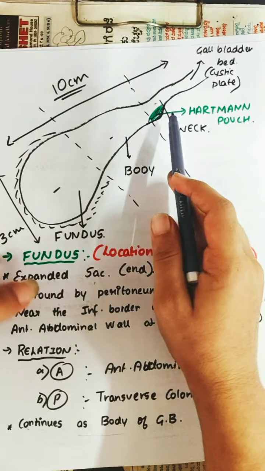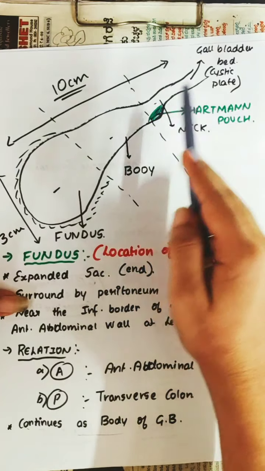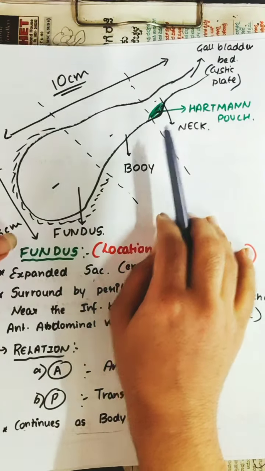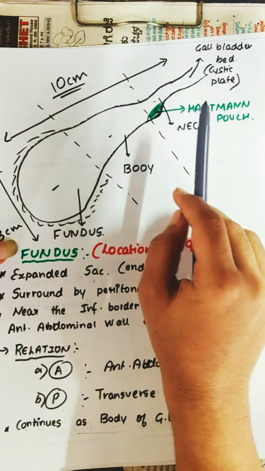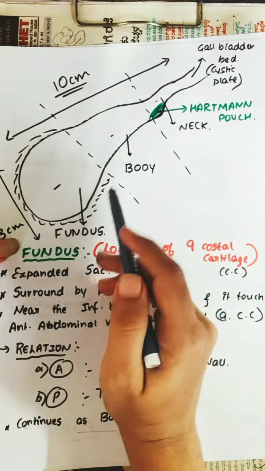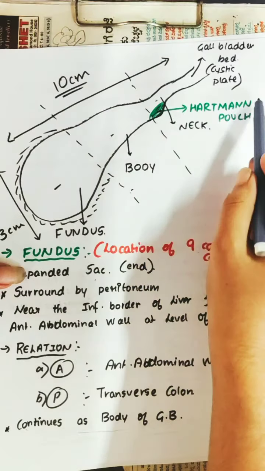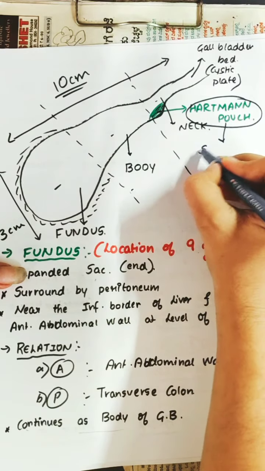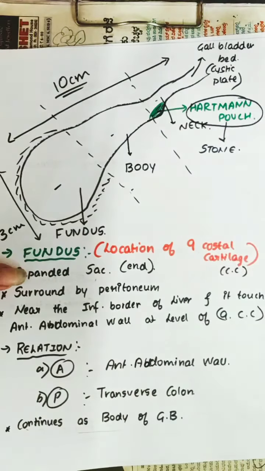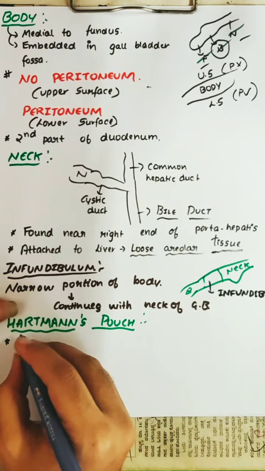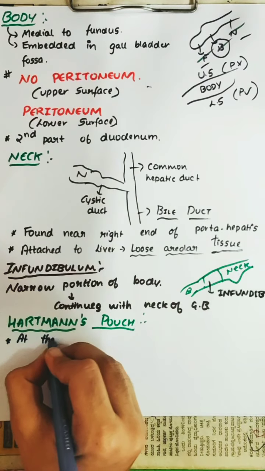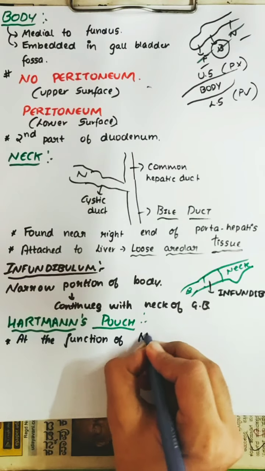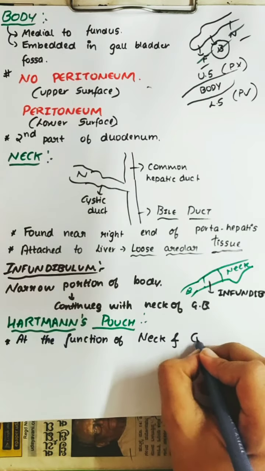It is found near the junction of the neck and the cystic duct. It is a pouch filled with mucus.